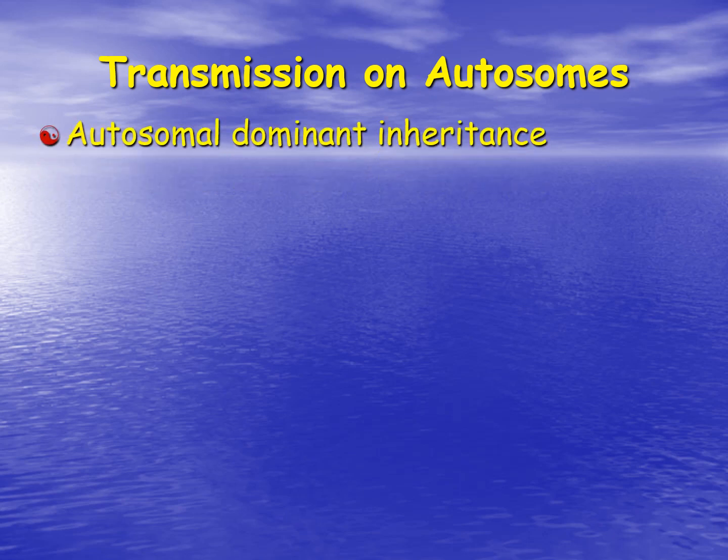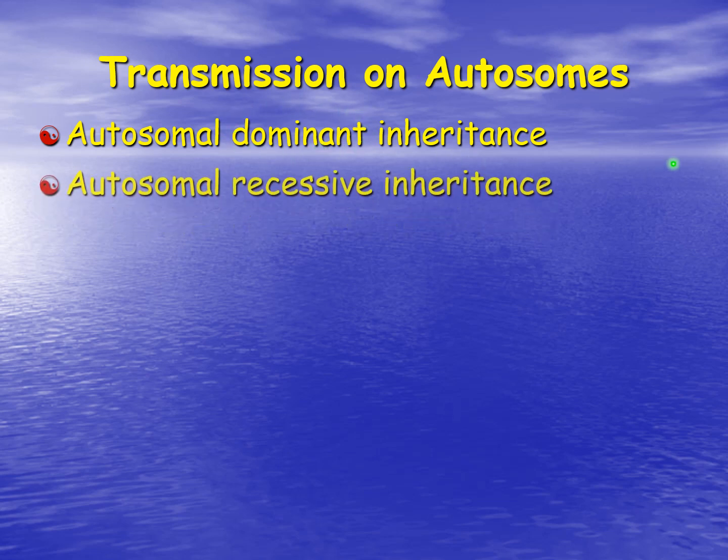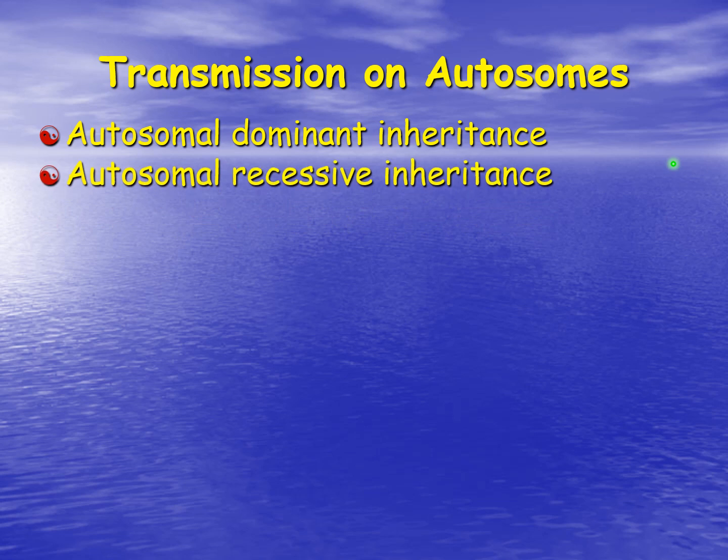Now, one of the ways that we see transmission of these genetic diseases is something known as autosomal dominant inheritance. It's in one of the first 22 pairs, and the allele that causes the disease is a dominant allele. Autosomal recessive inheritance is again on one of the first 22 pairs, but now the allele is actually recessive.